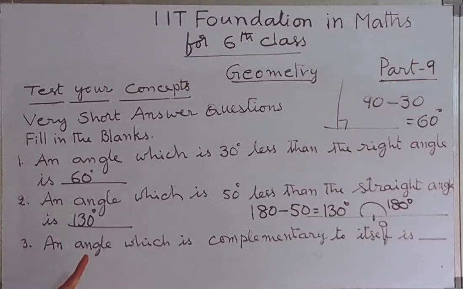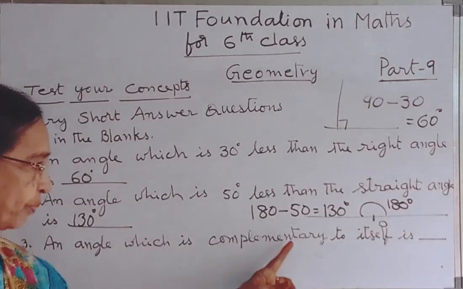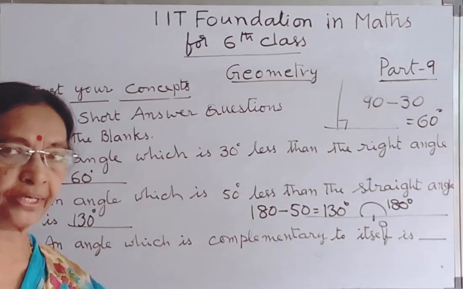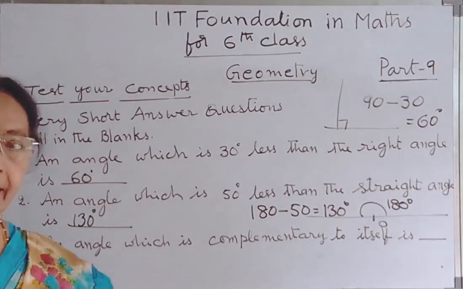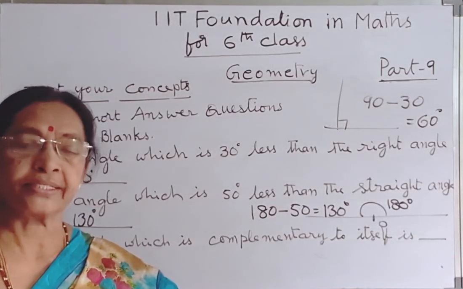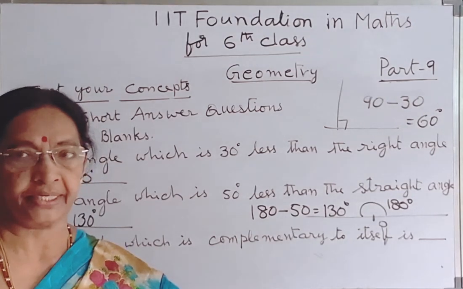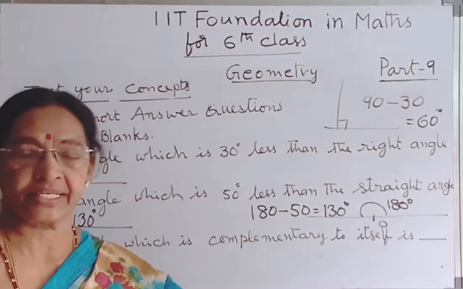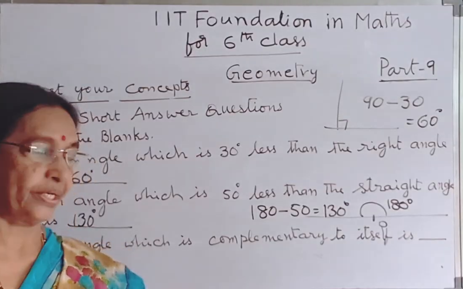Next, third one, an angle which is complementary to itself. An angle plus its complement is equal to 90 degrees. Two angles whose sum is 90 degrees are called complementary angles.